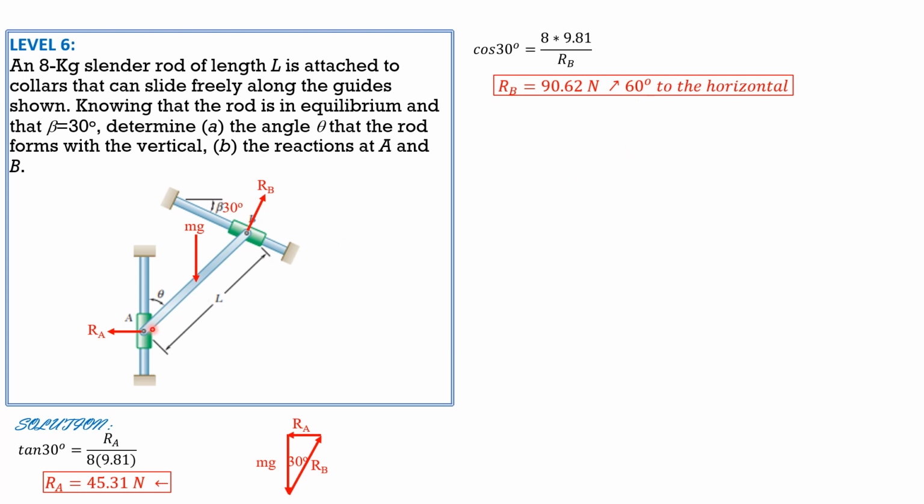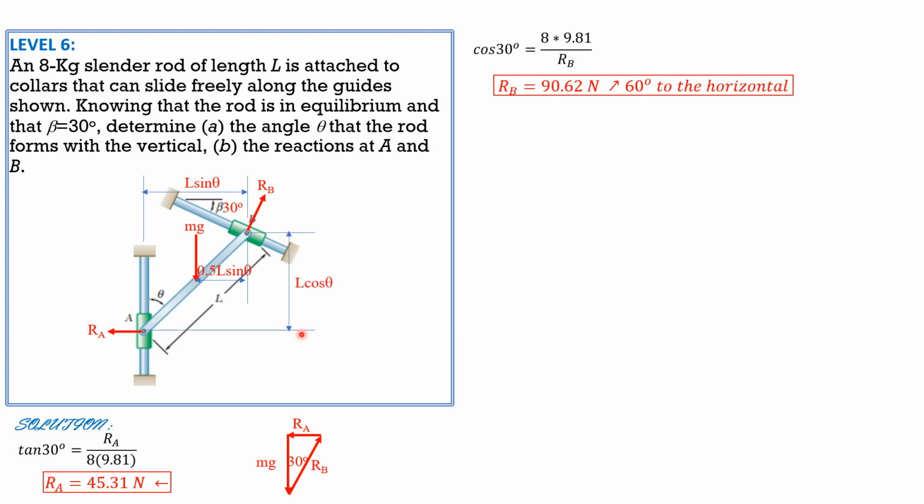Then for the angle, let's have this distance 0.5 L sine theta. Then the horizontal distance between this point and A is L sine theta as shown. Then the vertical distance between B and A is L cosine theta.